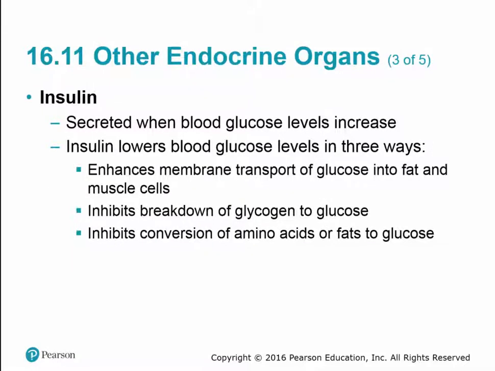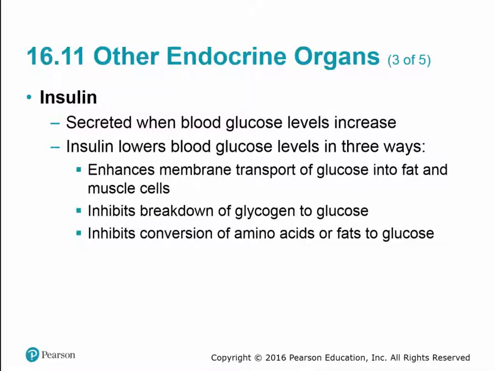Insulin is the second pancreatic hormone. It's secreted when blood glucose levels increase. Insulin works to lower blood glucose in three ways. We can enhance the membrane transport of glucose into our fat and muscle cells, so the cells are better able to take up glucose and use it.